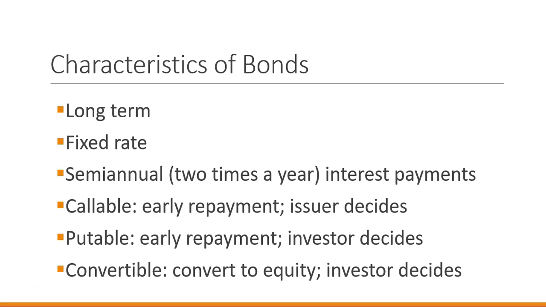A puttable bond is favorable to the investor because they have additional flexibility. And finally, convertible bonds can be converted to equity, to ownership in the entity. This is at the decision of the investor, and this is a feature that is favorable to the bond investor.